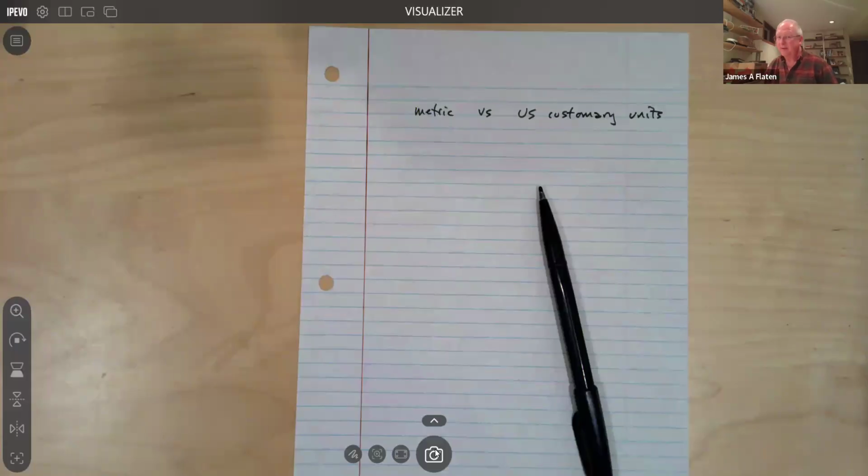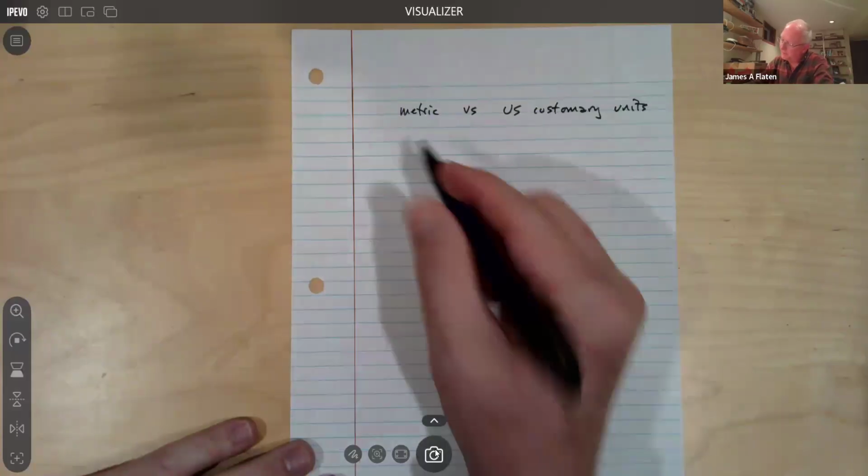Now, you might want to calculate it in feet per second right off the bat, or you might calculate it in metric, especially if you have more familiarity with the metric system, or if the values are easier to use in the metric system. But if you do that, you just have to change it to feet per second at the end so that you can answer the question, is that faster than 25 feet per second or not?